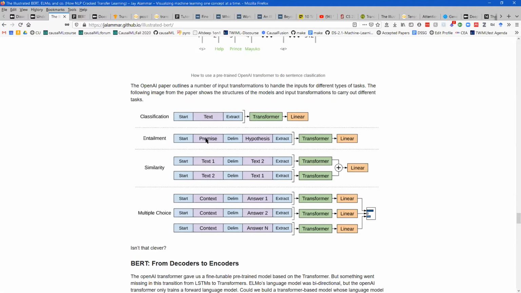It gives you a premise, and then you have to decide whether the hypothesis follows. That's otherwise sometimes known as natural language inference, which means does the premise lead to the hypothesis. I forget the exact terms, but bottom line is, can one be reasonably derived or inferred from the other?